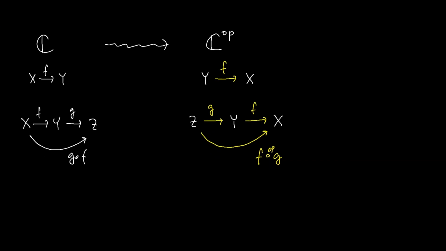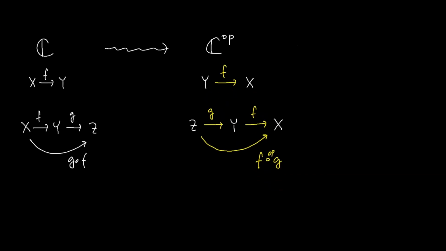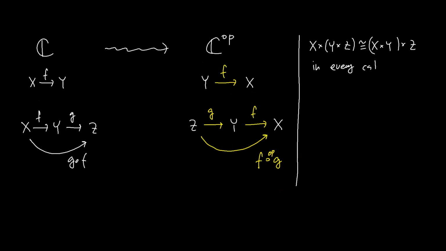Now if I say that x times y times z is isomorphic to x times y times z in every category, if this is my claim, which is the intent of that exercise to establish, then I can conclude from this that the same law holds in the opposite of every category, because the opposite of a category is still a category.